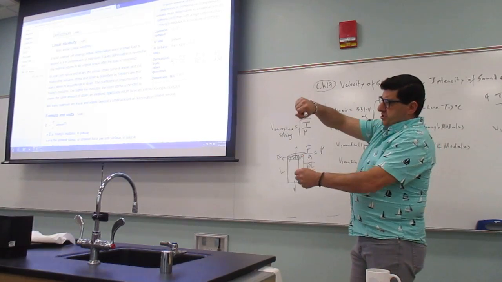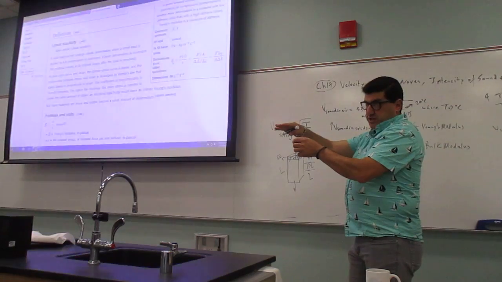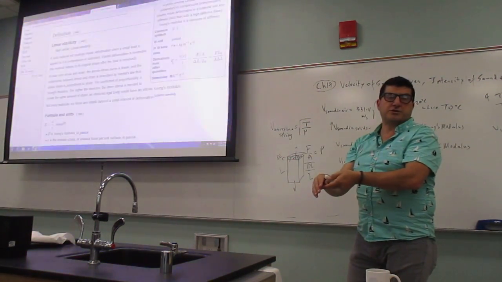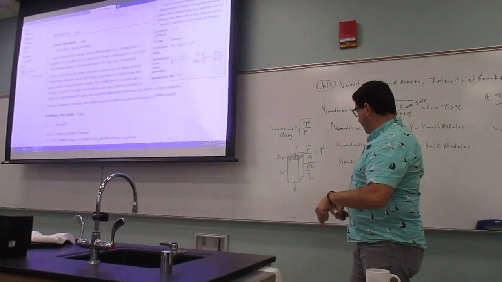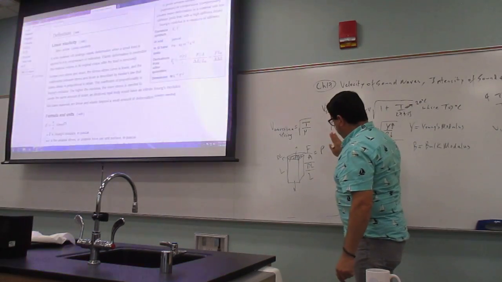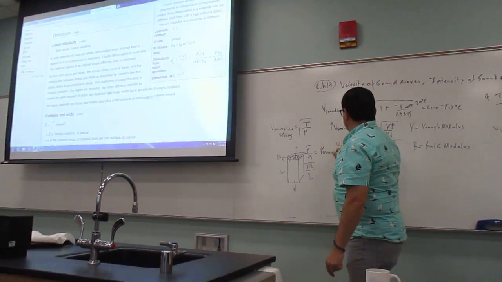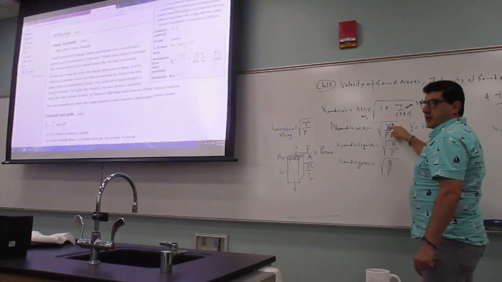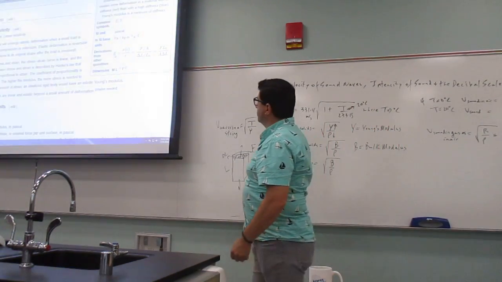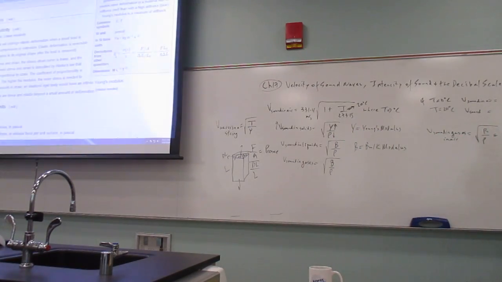How much force you're exerting divided over the area of that, which is units of pressure, right? Divided by the relative change in length divided by the length. So the units of this is meter over meter, which cancels itself. And the units of this is pressure, of course. So that means Young's modulus is units of pressure, and we will see that bulk modulus also has units of pressure. You see. So then, let's see the meaning of the bulk modulus.